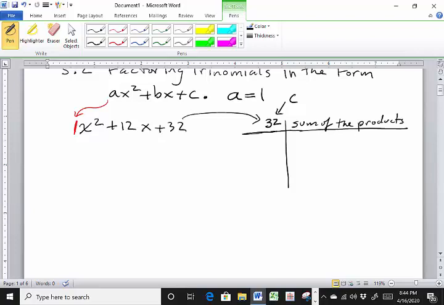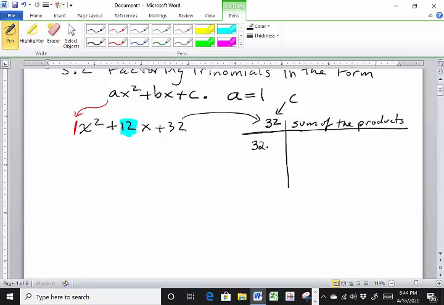And what should happen is one of those sums of the products, if it can be factored, will equal the coefficient of the middle term. Okay? So follow me. Let's write all of the products of 32.